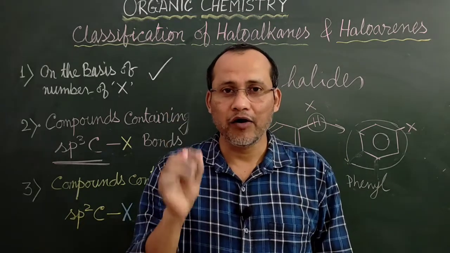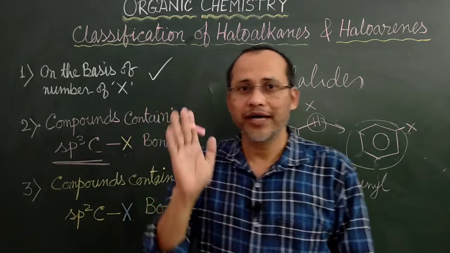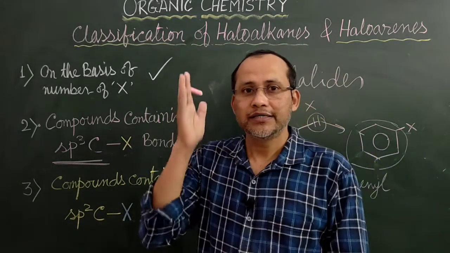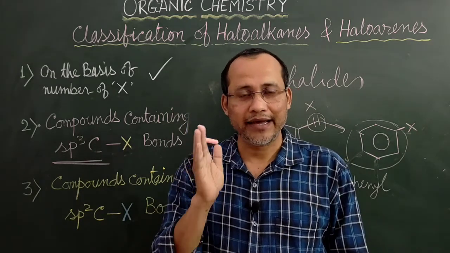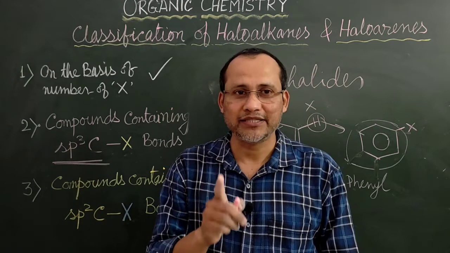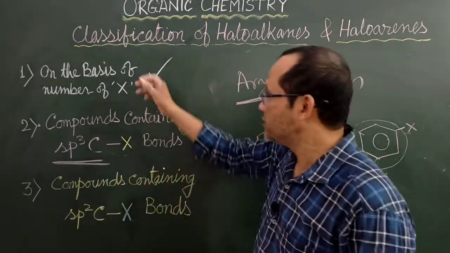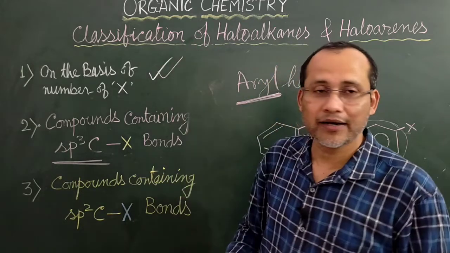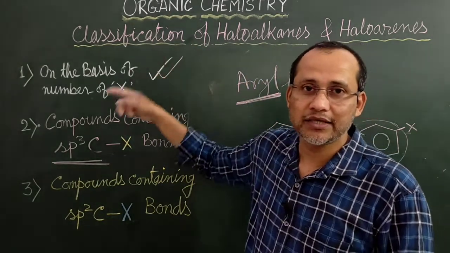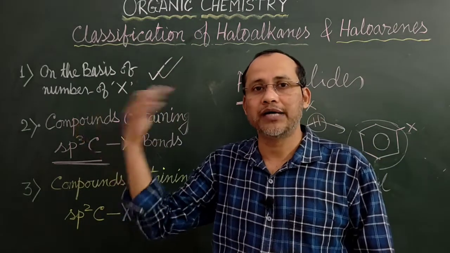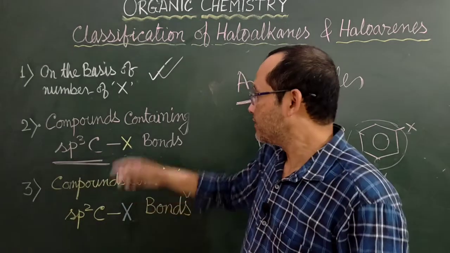So before going off, just let me discuss once again in short. We have learned today that alkyl halides and aryl halides may be classified depending on three conditions, which are the number of halogen atoms present in the compounds, and depending on these the compounds may be mono, di, tri, tetra and so on halides.